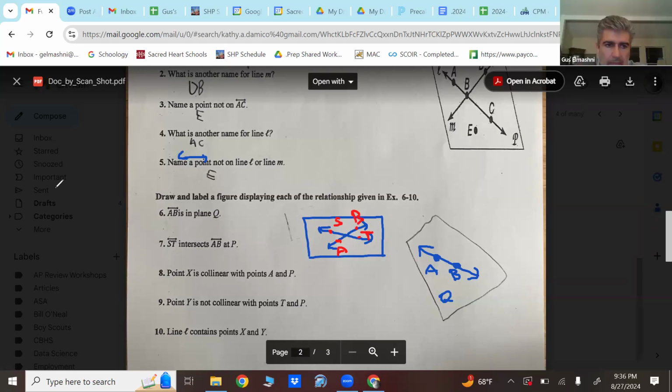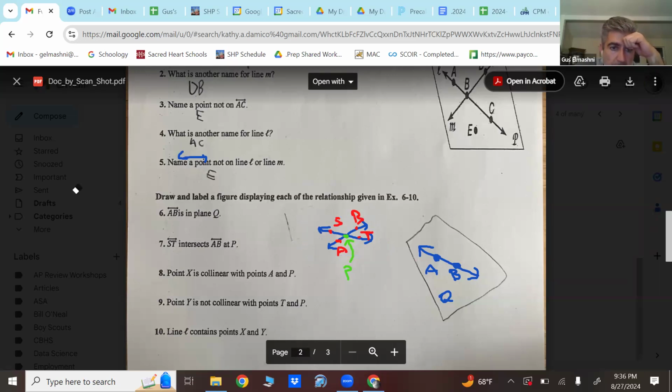And point P. Yeah, that's all. I don't know why I drew a plane, but I didn't need that actually.